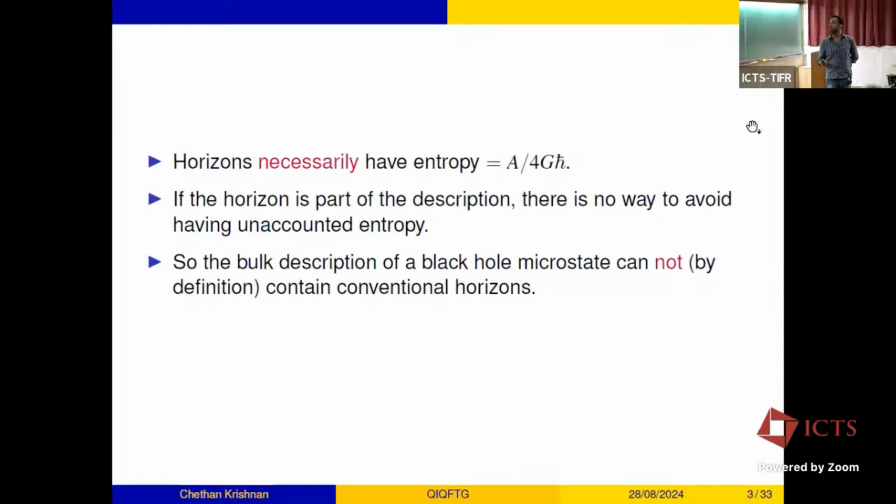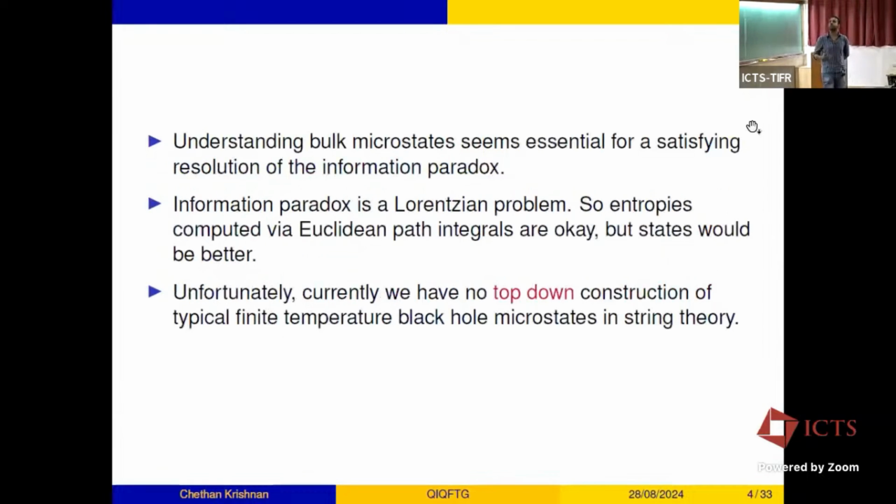The reason why it's good to think about it this way is because sometimes we would like to understand microstates as a way of understanding the information paradox. The information paradox is fundamentally a Lorentzian problem and not a Euclidean problem.